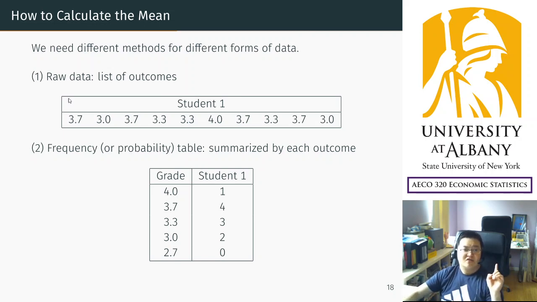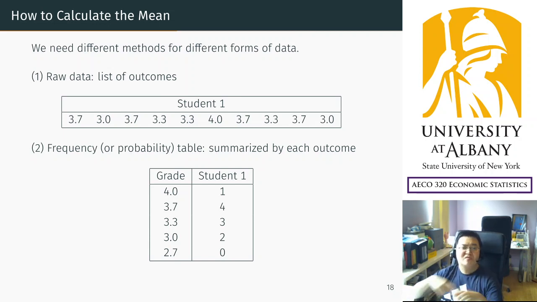First is to list all the outcomes, all the observations. Just list all the outcomes realized, and that is the raw data. Raw data is a bunch of numbers. It's not summarized at all. It is just pure original data, like an Excel file.